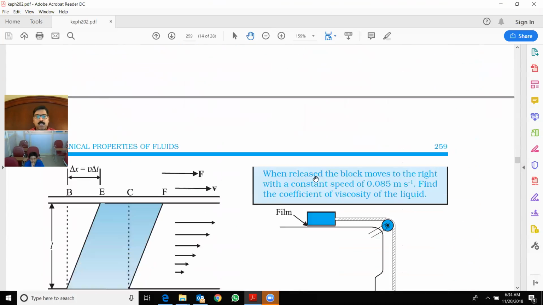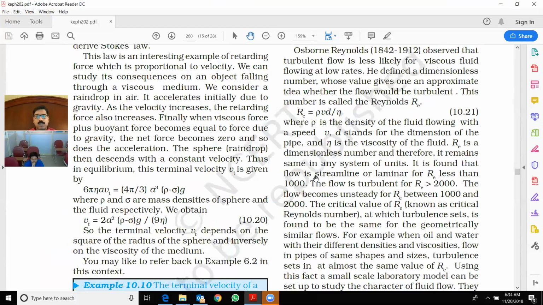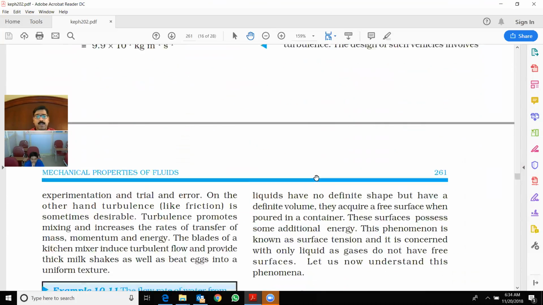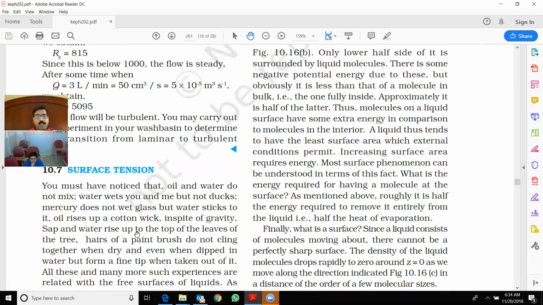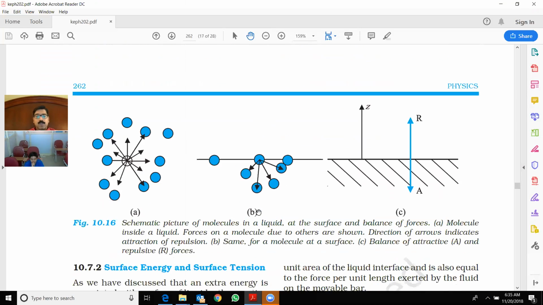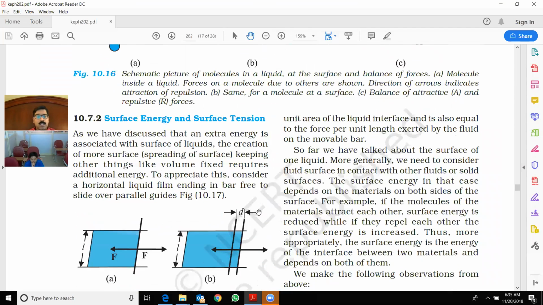Viscosity and Stokes law, Reynolds number. A lot of terms are coming here, which are related to fluid, and finally surface tension will come. So there are so many concepts that will come in this chapter. I strongly recommend you to have a reading of this chapter, and while reading, do the reverse reading. Start from back.